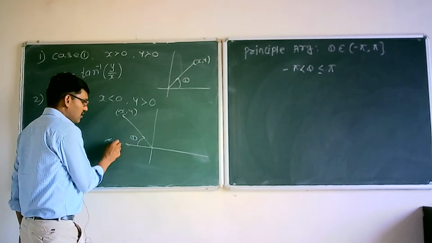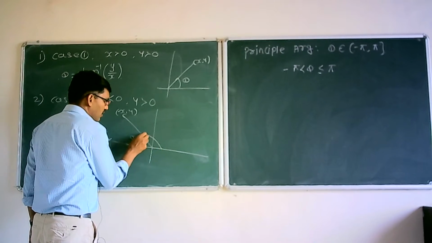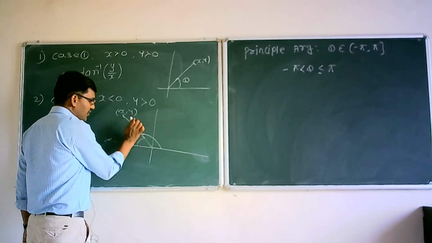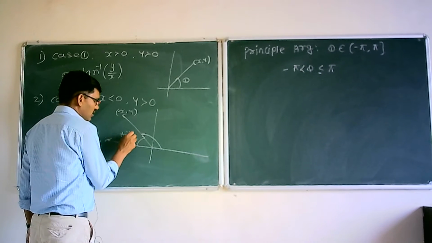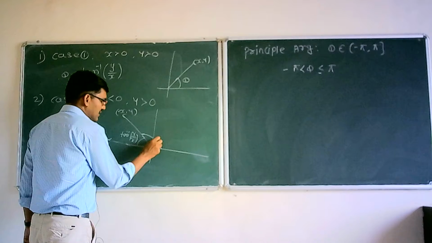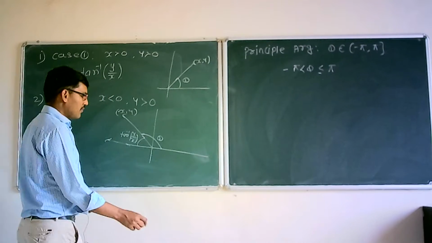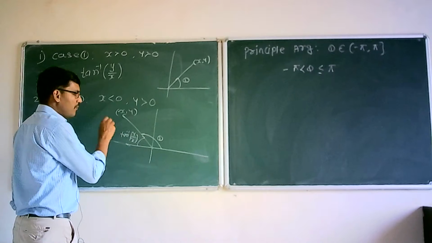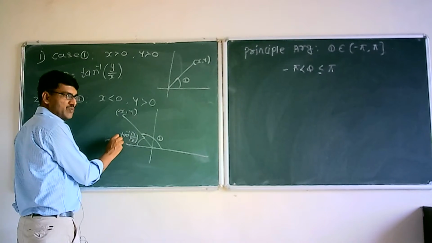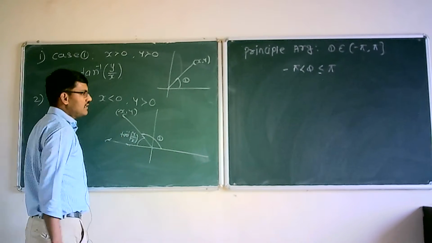But since we always count the angle from the positive x axis, this is tan inverse y by x, but this is the theta. We know that the total angle is pi. So pi minus tan inverse y by x gives us theta.